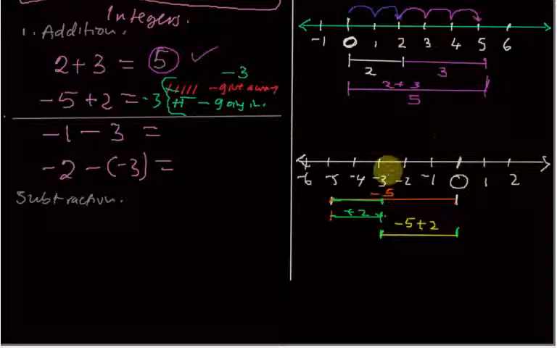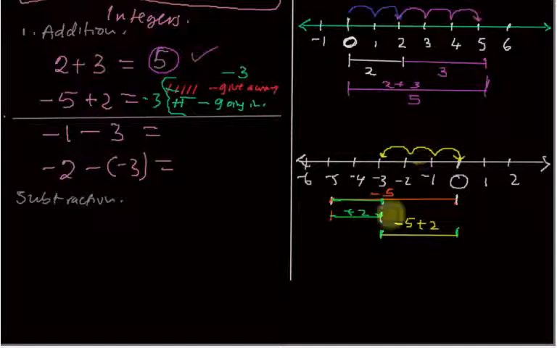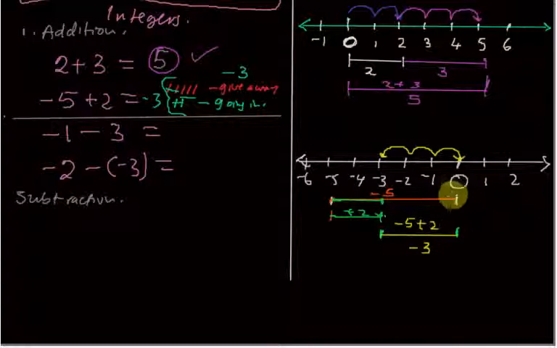I count how many steps: 1, 2, 3. I got 3. This is negative because I have to start from 0 backward to where I ended. So it gives me -3.